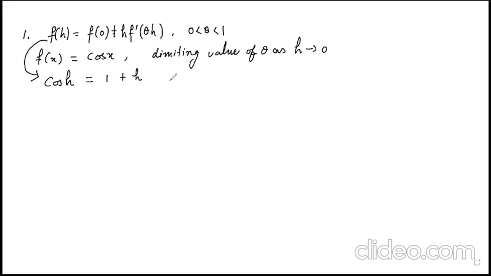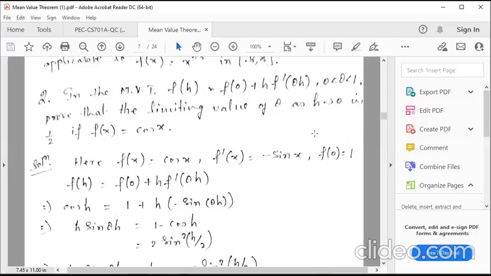If f(x) is cos x, f'(x) will be minus sin x. So it will be minus sin theta h. Let me check that I have written the question correctly. f(x) equals cos x, h f'(theta h). Okay, fine.